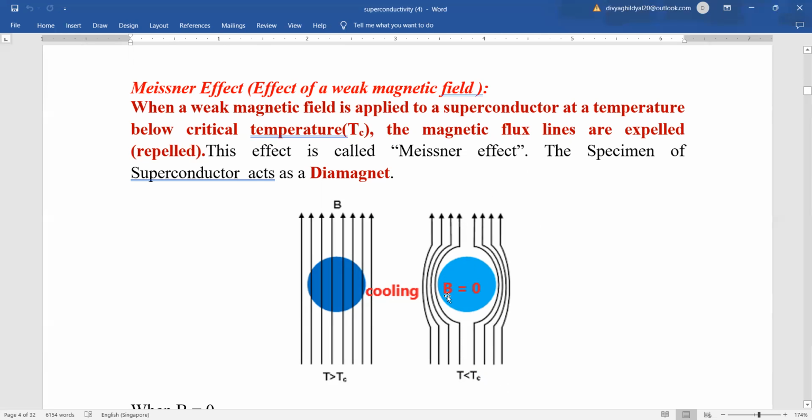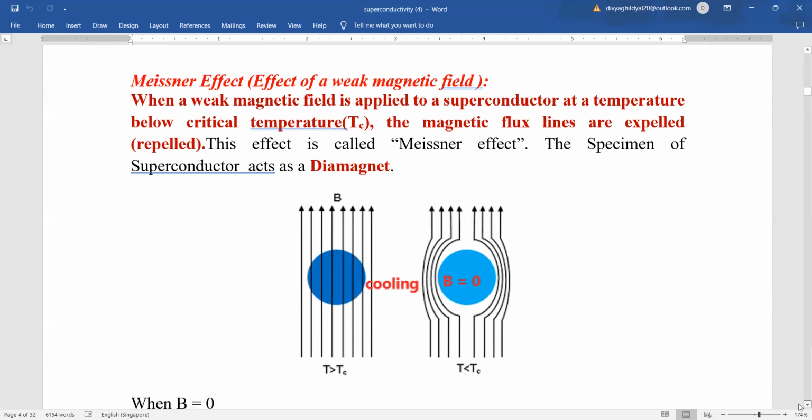The specimen starts behaving like a diamagnetic element, because when we cool it below the critical temperature, magnetic lines get expelled from the interior, and inside B becomes zero, so it behaves like a diamagnet.